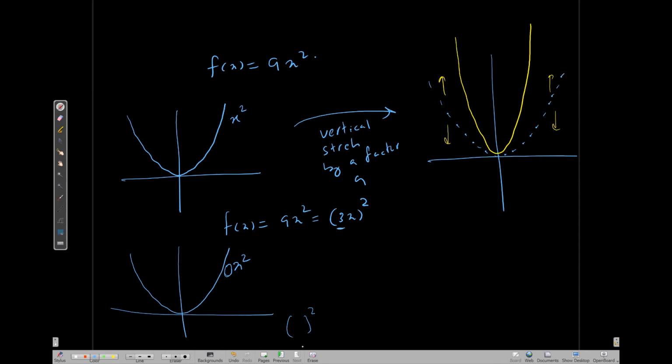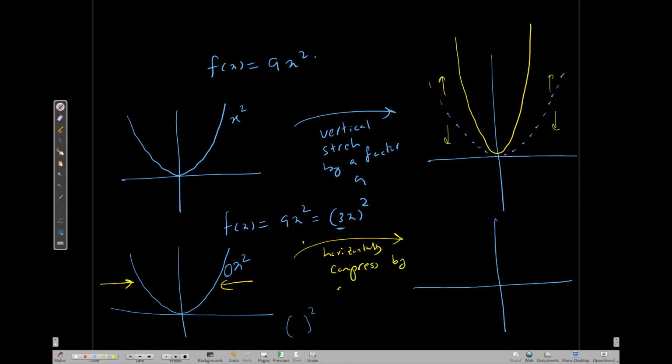So now it's a horizontal change, a horizontal compression by a factor of 3. Let me draw my original function. When you compress this guy, again it's going to look like this.